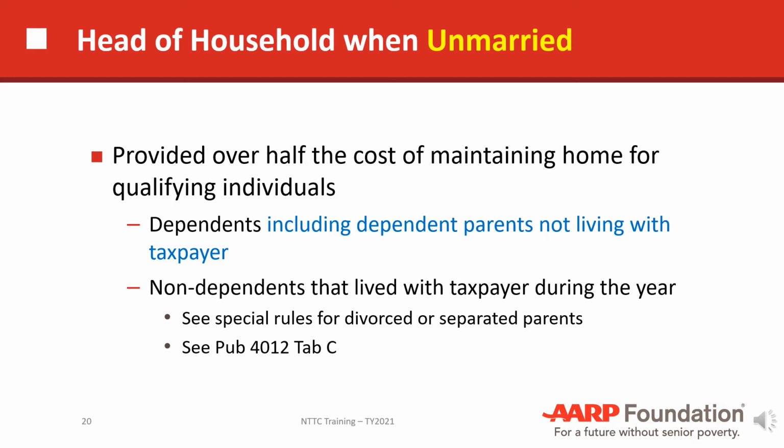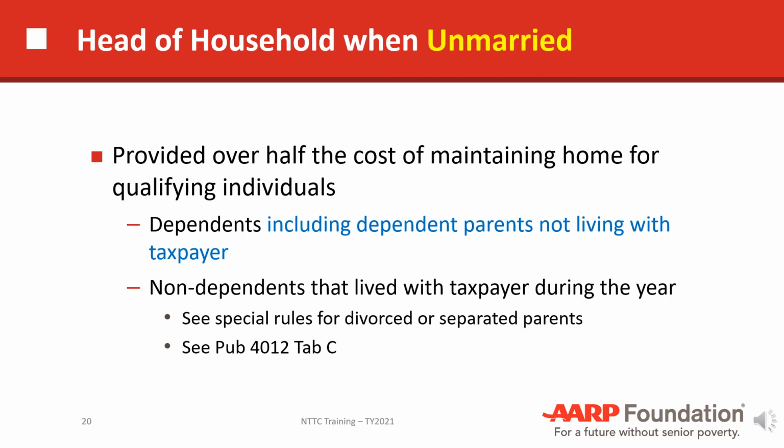So parents can be dependents even if they live, for instance, in a nursing home or assisted living or that kind of thing. A parent can still be a dependent, but that's really the only situation where a dependent can be living somewhere else. It's only the parent of the taxpayer that qualifies under those rules.